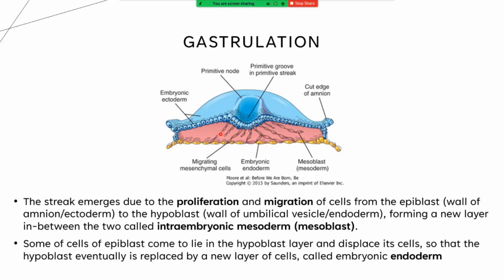Some cells of the epiblast come to lie in the hypoblast layer and displace its cells, so that the hypoblast is eventually replaced by a new layer of cells, which is known as the endoderm. While the epiblast becomes the ectoderm. So these are the primary germ layers: ectoderm, mesoderm, and endoderm.